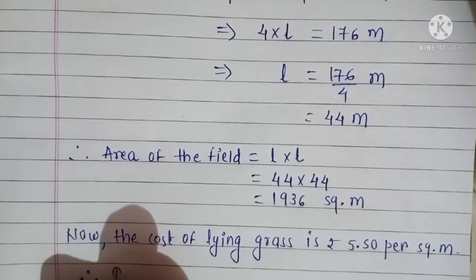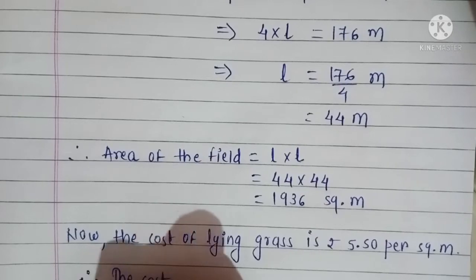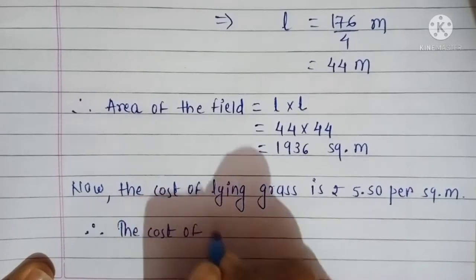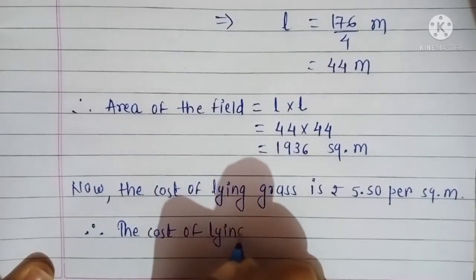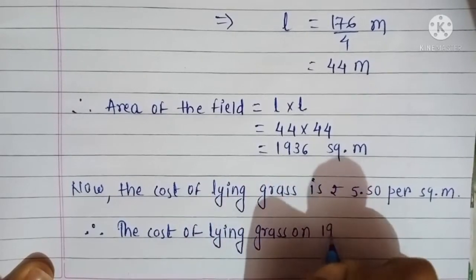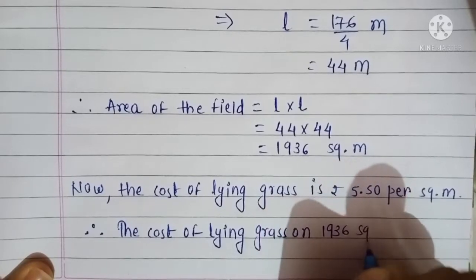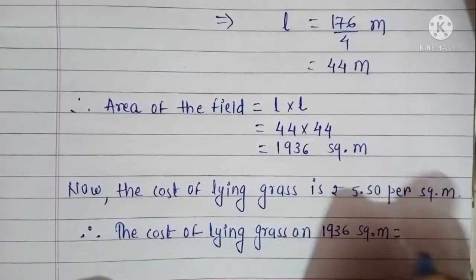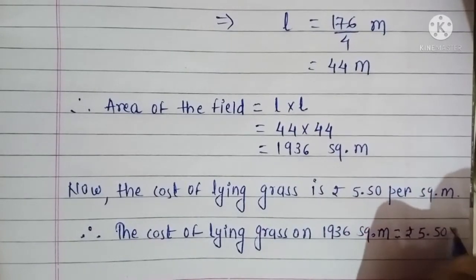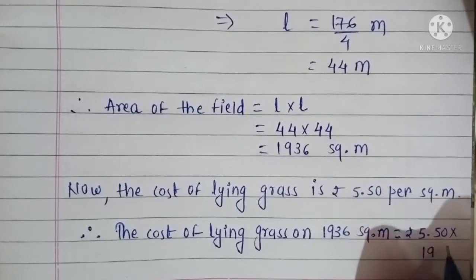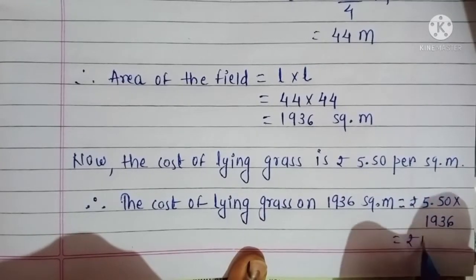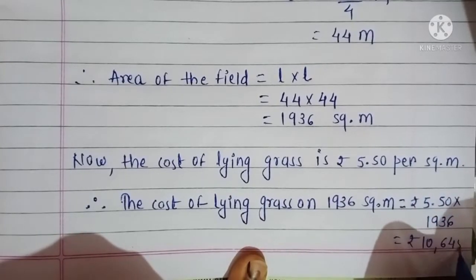Therefore, the cost of laying grass on 1936 square meter is equal to rupee 5.50 multiplied by 1936. On multiplying, we get answer rupee 10,648.